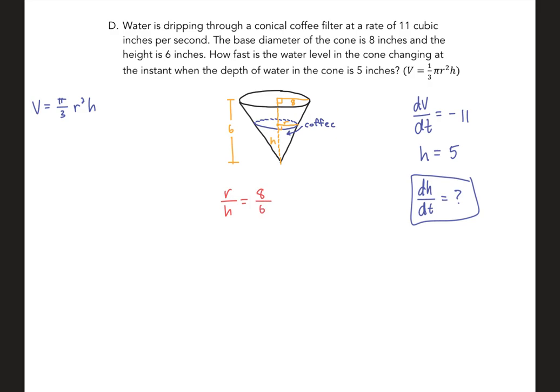And that means R equals 8 over 6, which is 4/3, and then just multiply by H. Okay, so now we can take what R equals and substitute it in for this R. So we have volume, and that R is 4/3, and then we've got H, and that's 5.